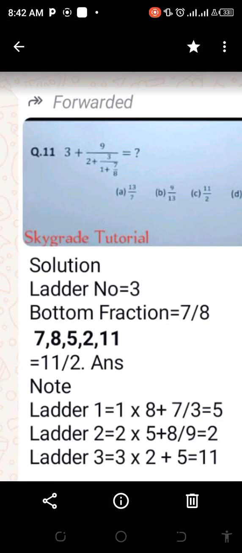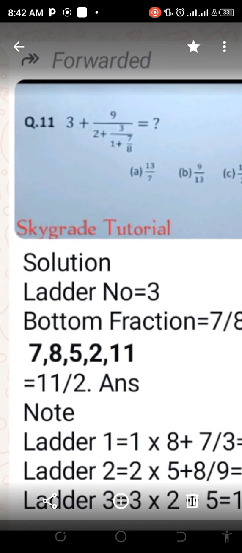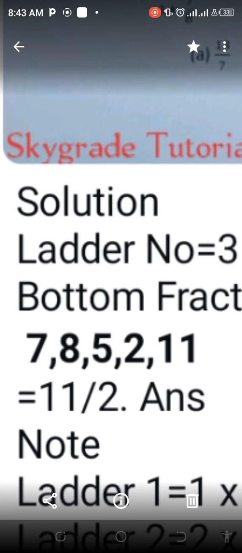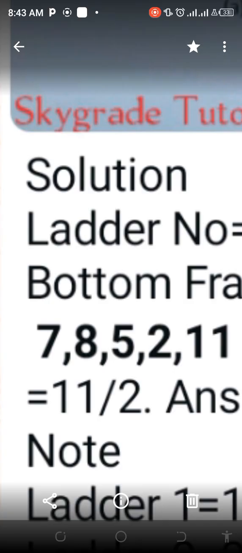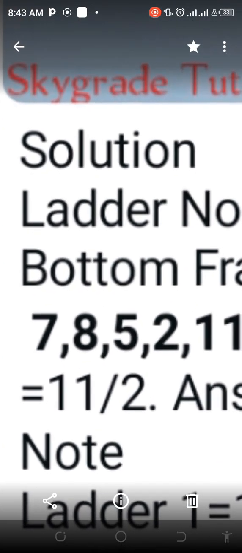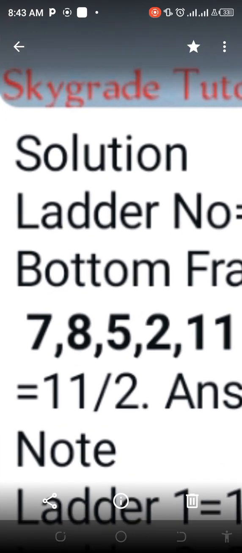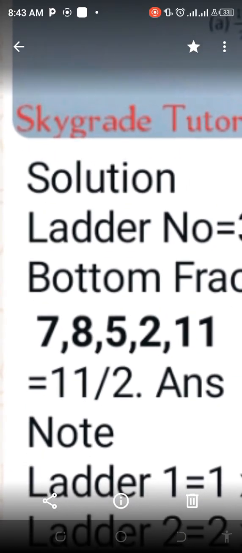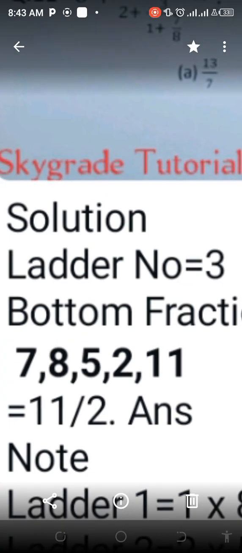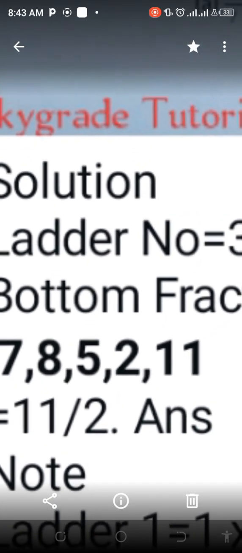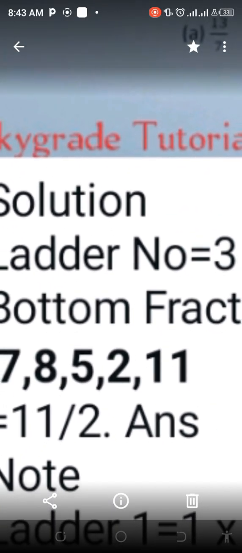So to get ladder 1: 1 times 8 is 8. 8 plus 7 is 15. 15 divided by 3 is 5. So the first ladder, the value is 5.